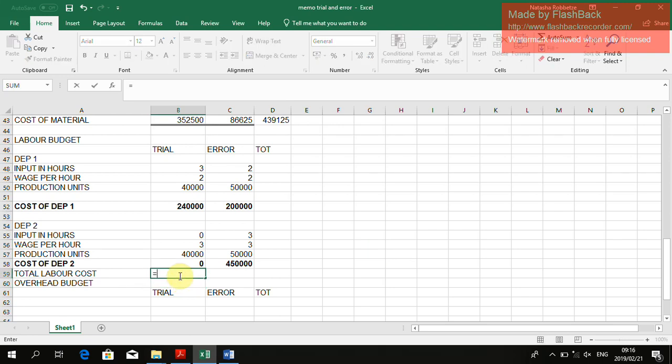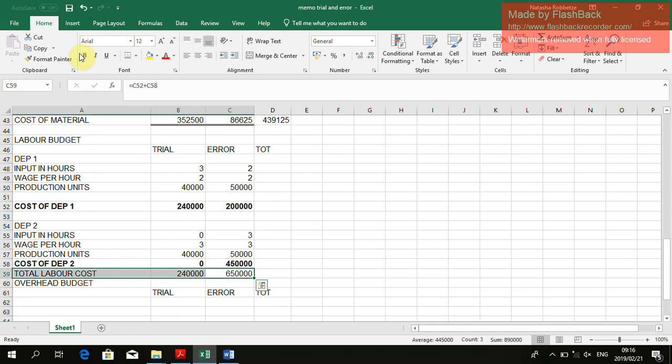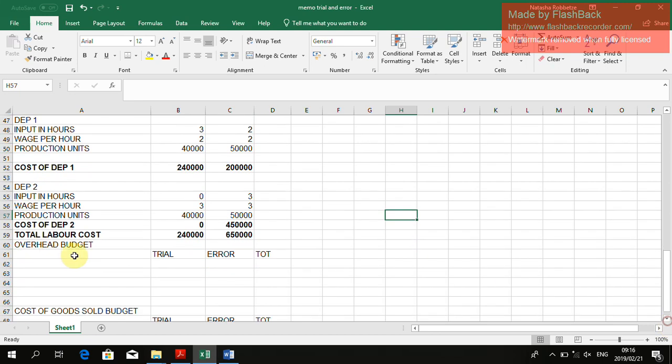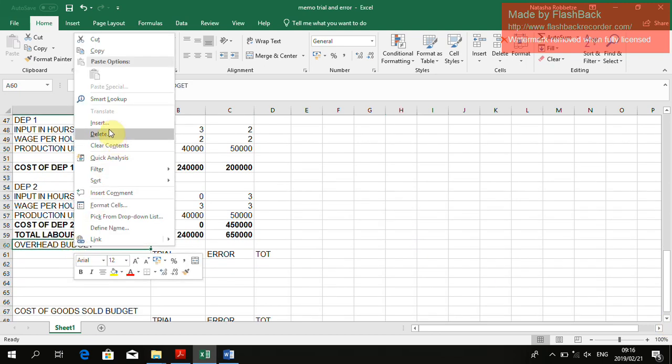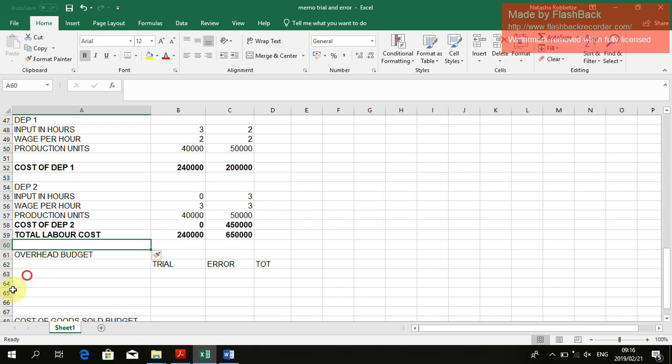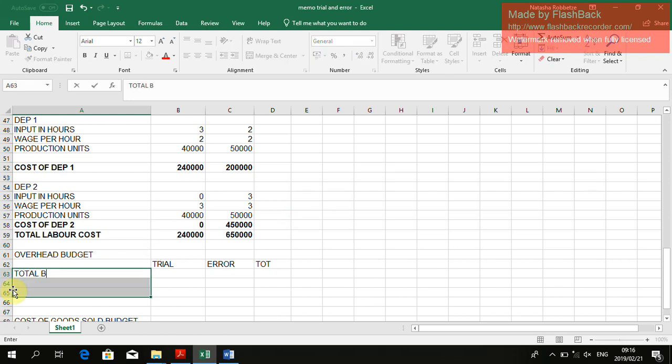So we're going to say 240,000 plus 0. And here we're going to say 200,000 plus 450,000. And there we have our final labor costs. Then if we go to the overhead budget, we will say the total labor costs was what?